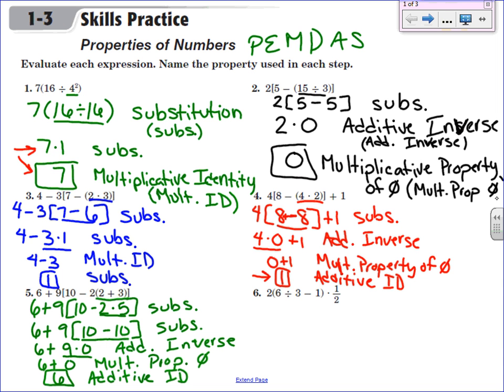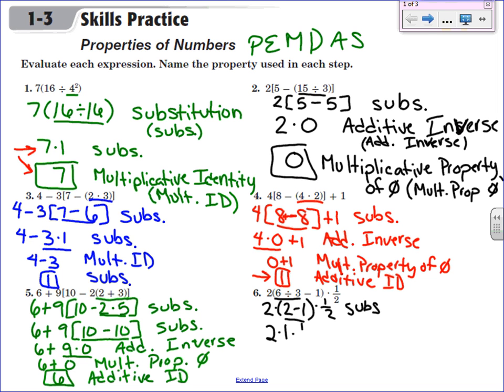And the last one on this page, inside the parentheses, division comes first. 6 divided by 3 is 2. That's a substitution. And then 2 minus 1 inside the parentheses is 1.